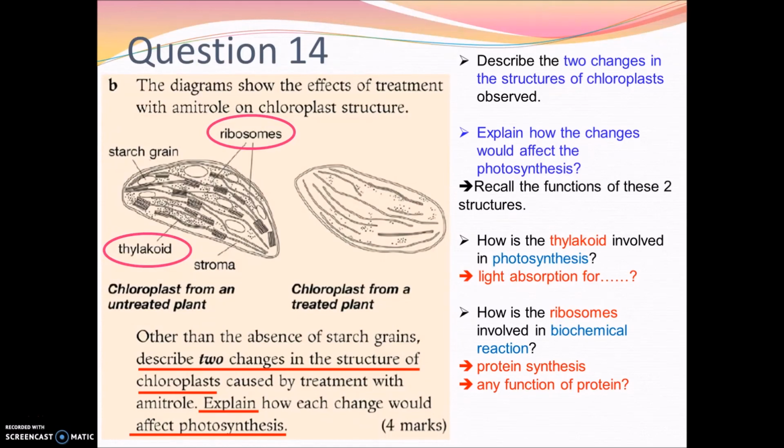When we do questions on photosynthesis, we are not only doing questions of this chapter and this reaction. There's something related to the cell structure of the chloroplast, the structure of ribosomes, and even the enzymes in biochemical reactions. That's the general picture of the questions we are going to do in this chapter.